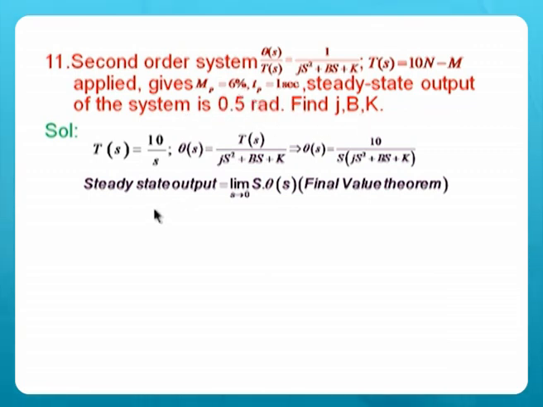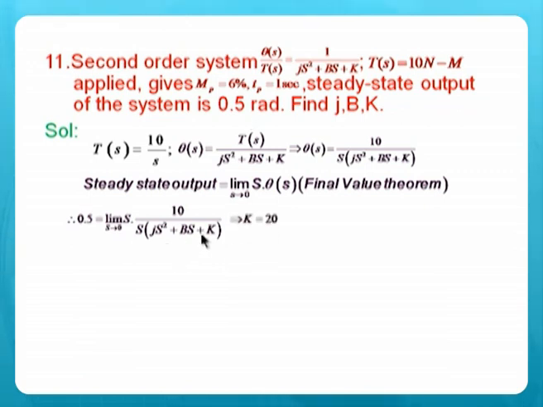According to the final value theorem, limit t tends to infinity f of t is equal to limit s tends to 0 s into F of s. So this steady state output can be written as limit s tends to 0 s into theta of s, and that is equated to 0.5 because the response settles at 0.5 radian.